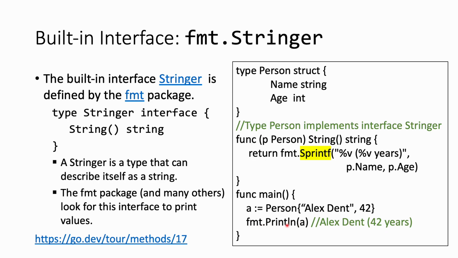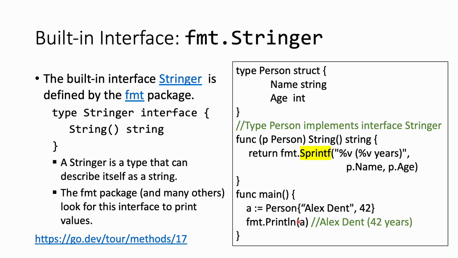Note that if the struct person does not implement the Stringer interface, then the fmt.Println of A function will print out the value of A in the standard format, which is without any parentheses and without the word years.